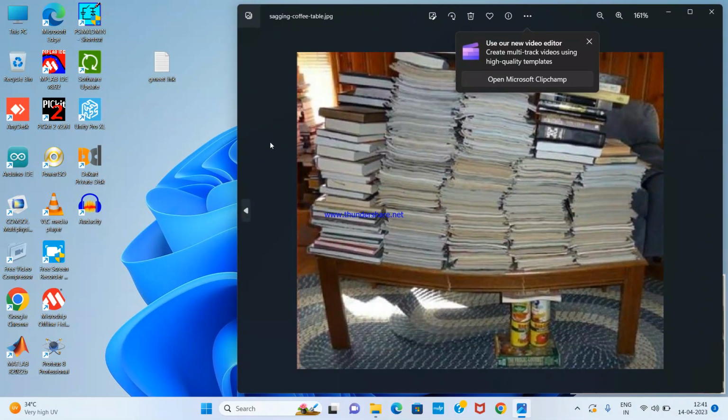You see, here what has happened, this is a table. When it was newly purchased and some books were kept, this kind of bending was not there.